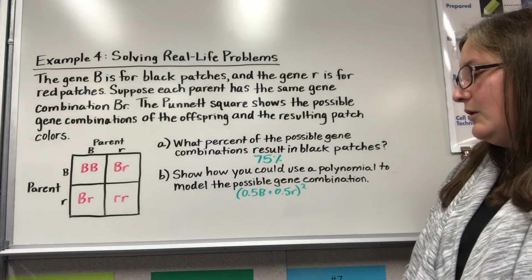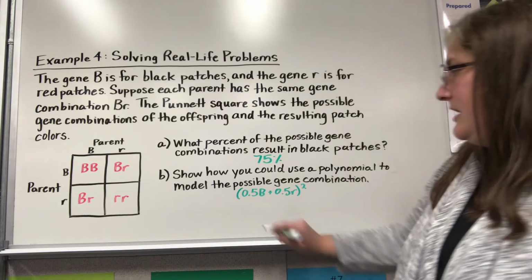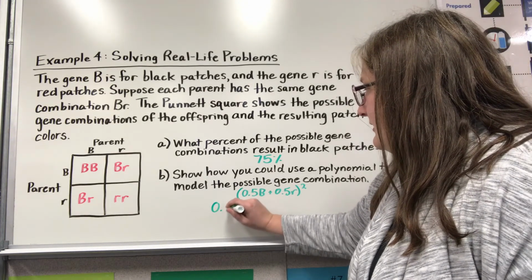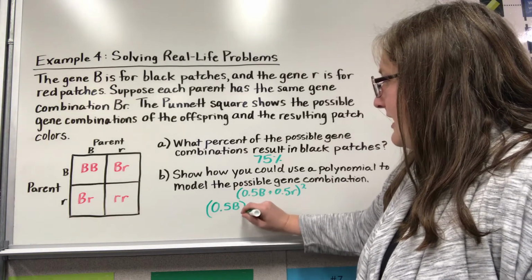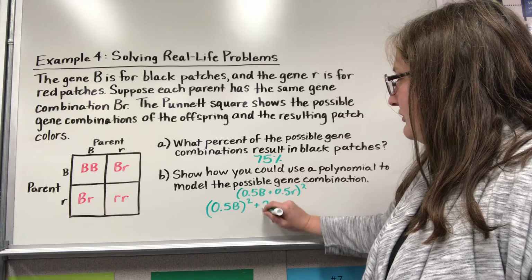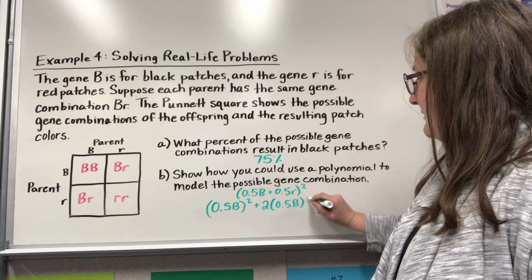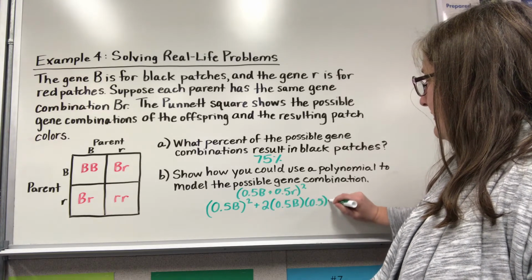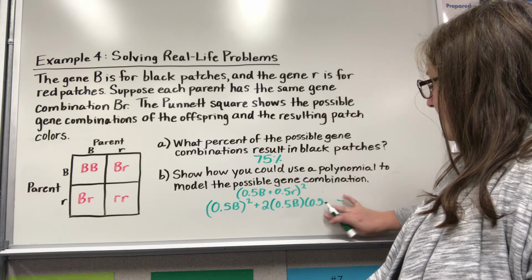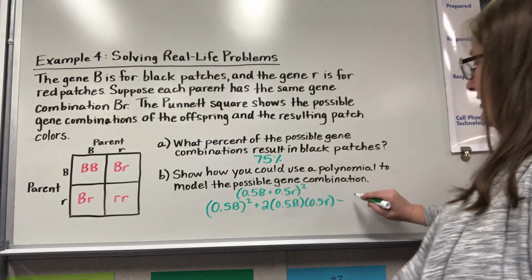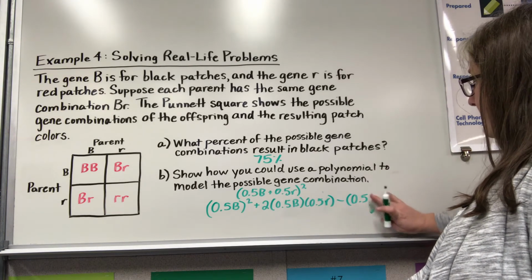So if we follow one of our special product patterns, when we're adding two terms, it's going to be the first term squared, so 0.5b squared, plus 2 times 0.5b times 0.5r, plus our last term, 0.5r squared.